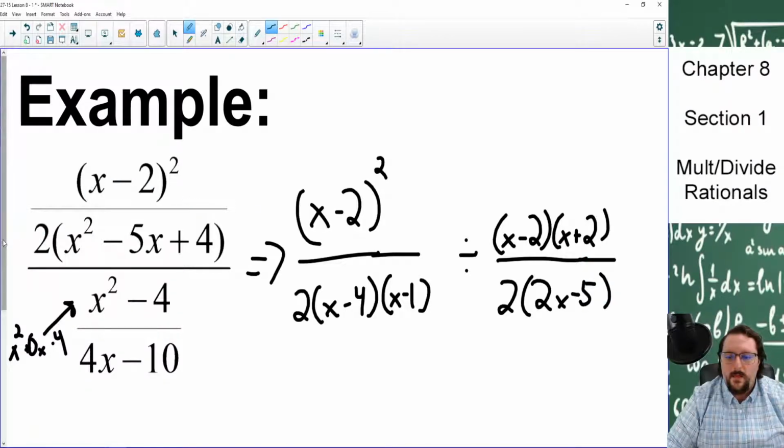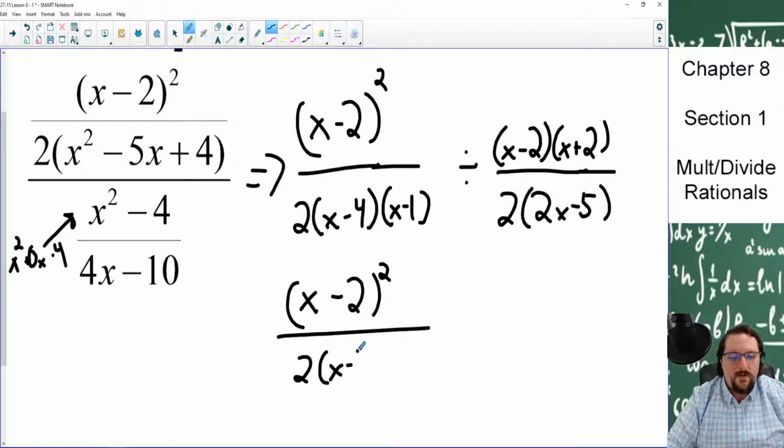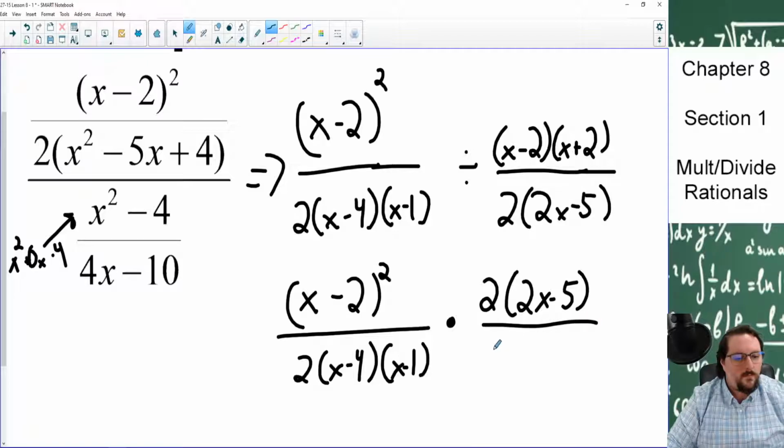And now we can keep change flip, keeping the top part, or the first part rather, x minus 4, x minus 1, change the center, and flip the second piece, that reciprocal. And so things that we can cancel, well, we can cancel a 2 and a 2.